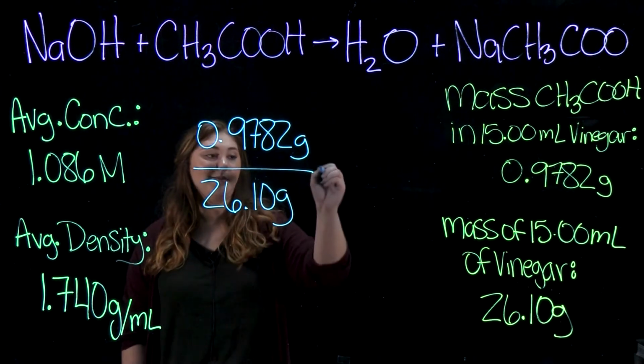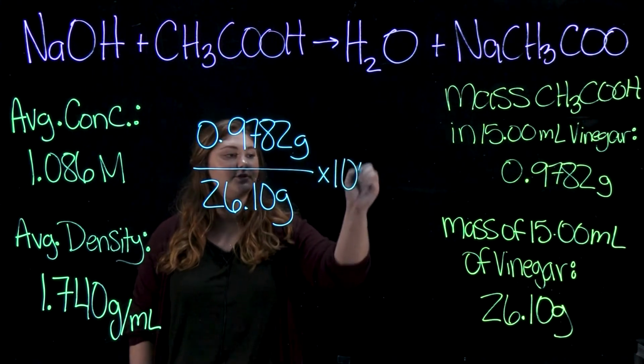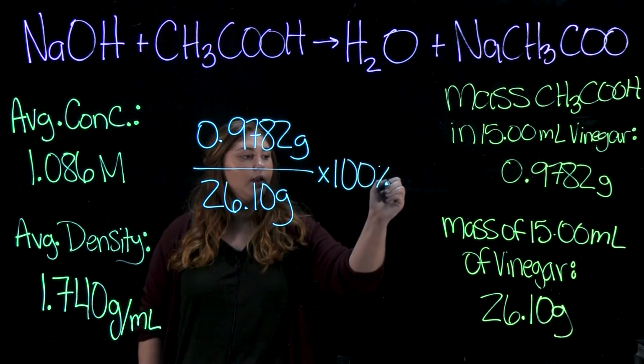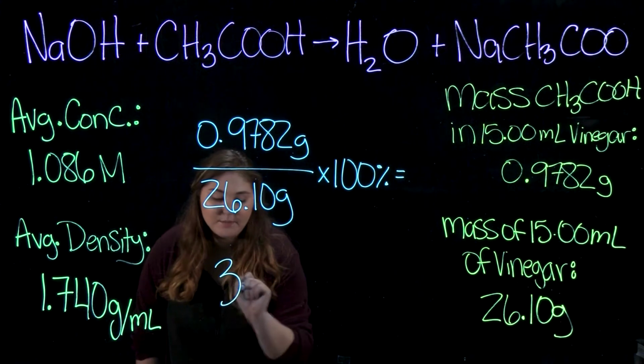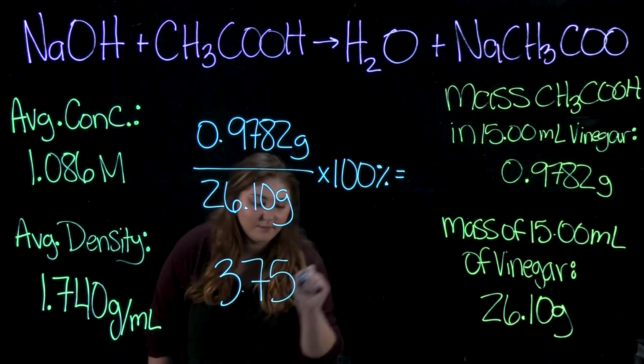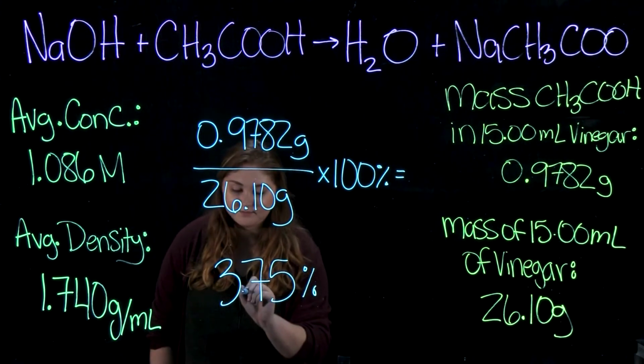Don't forget to multiply by 100 to make it a percentage. And we can solve this calculation to see that we had 3.75% acetic acid.